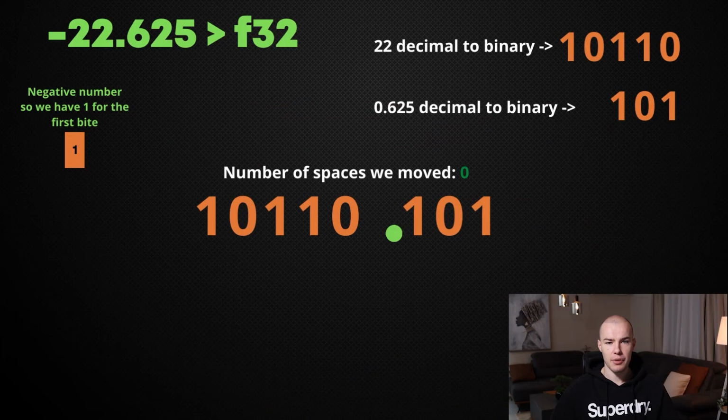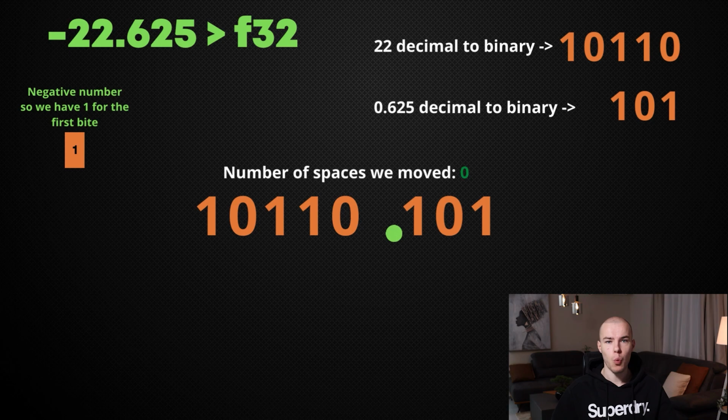Great! Now that we calculated our number, it's time to move the decimal point and that way actually calculate what our exponent part should be. Okay, we have our result and we need to move the decimal point, and remember how many spaces we moved our decimal point in order to get to the point where we have 1 dot something.